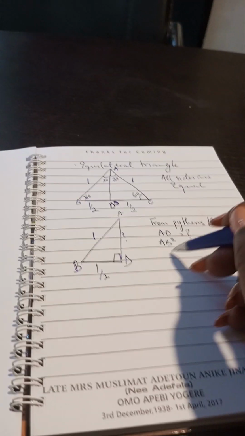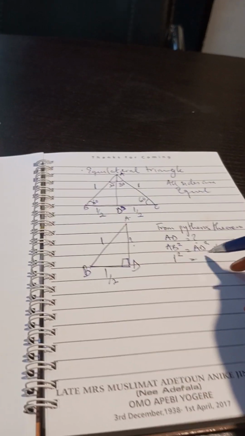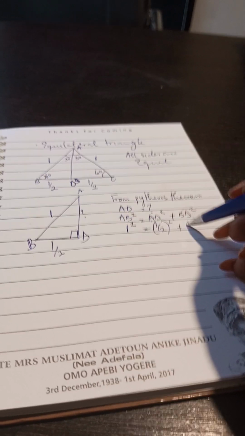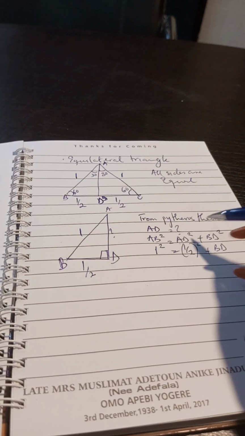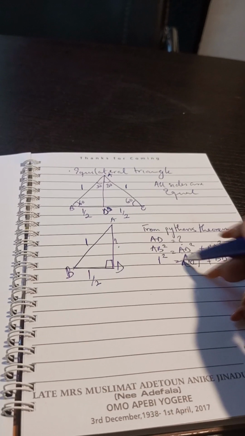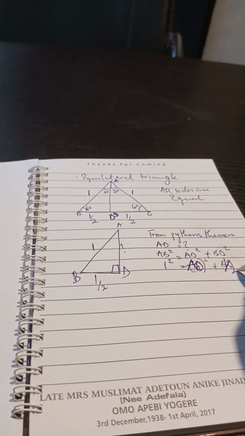We already know our AB as 1 squared, which is equal to AD squared plus half squared.